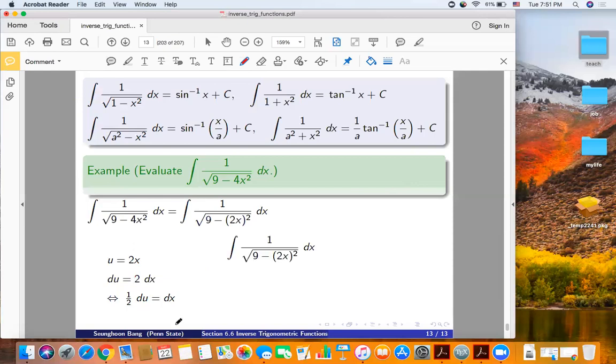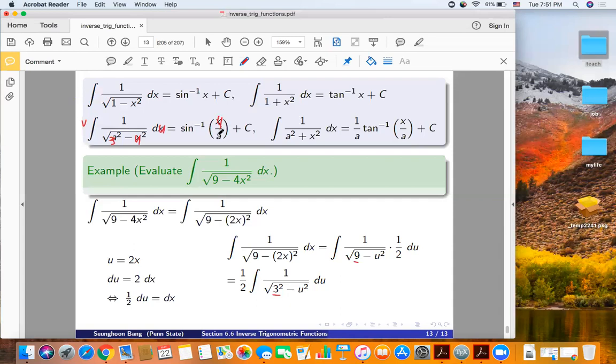Next, you need to change. Here, 2x is u, and dx is 1 over 2 du. Next, take out 1 over 2. You change 9 to 3 squared. What is the integral of 1 over 3 squared minus u squared du? I want to use this rule, where a is 3 and x is u.